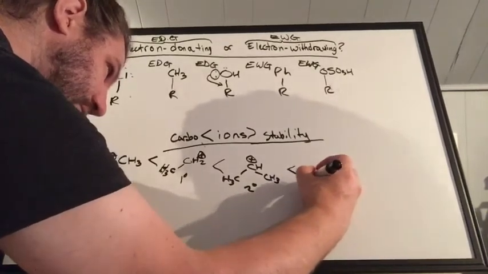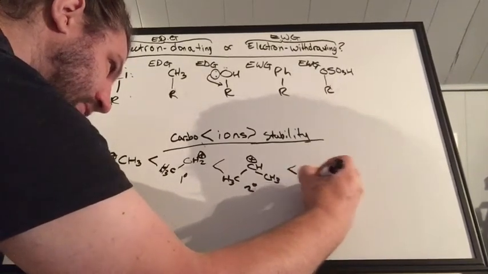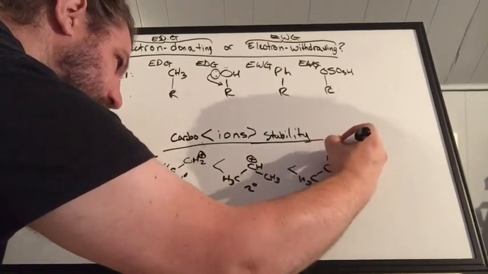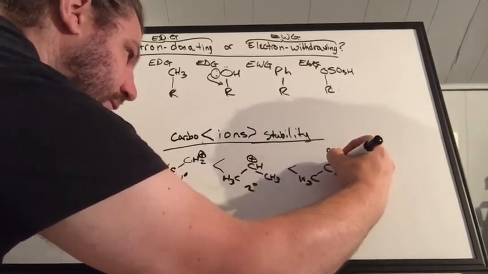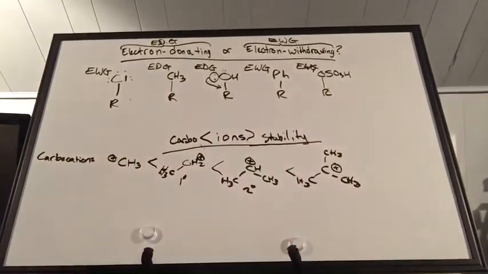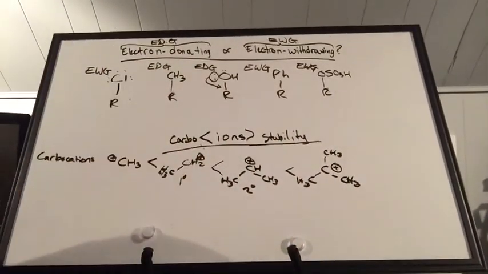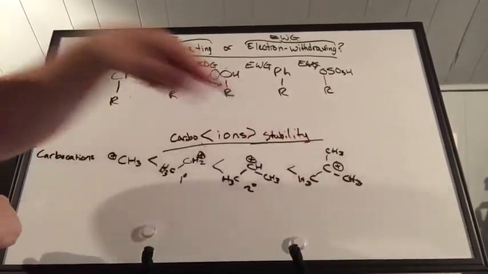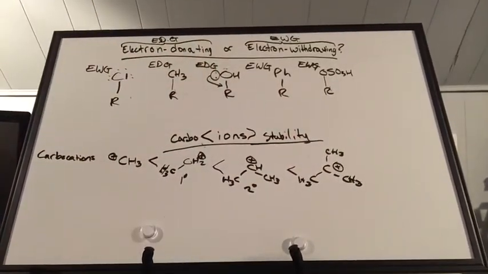It's going to be particularly important when we think about charge stability in particular solvents, namely protic solvents. So that positive charge is stabilized by these three methyl groups feeding electron density into where that electron deficiency is most needed.